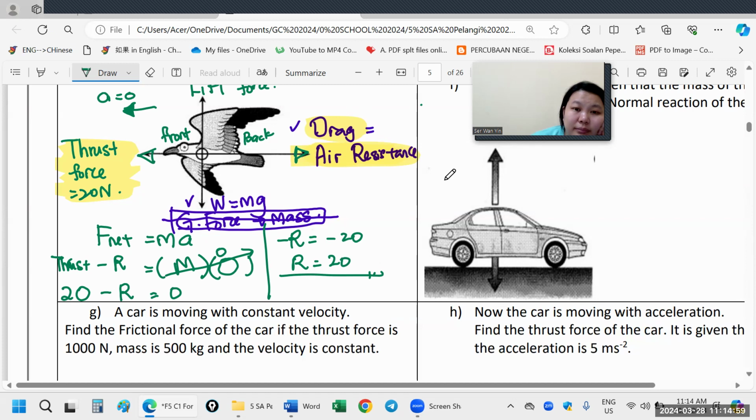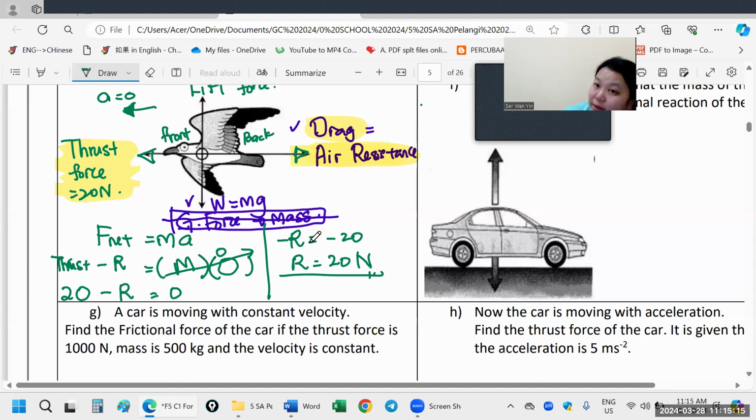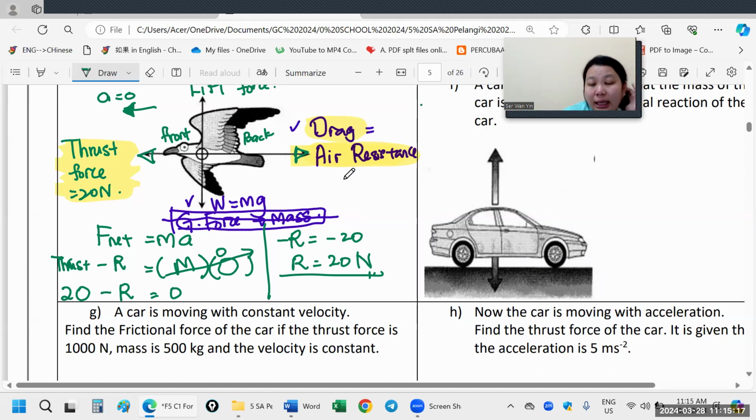Okay. Yeah, Newton, thank you very much. Air resistance, drag is a force, right? They are forces, right? So actually here we can get a conclusion.